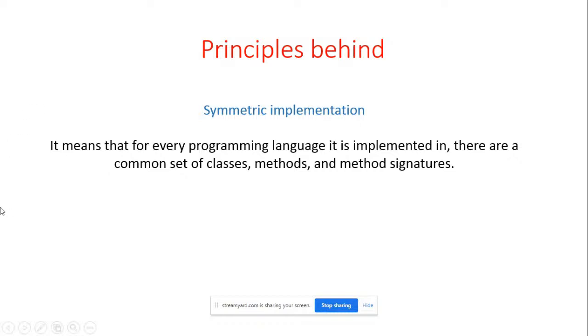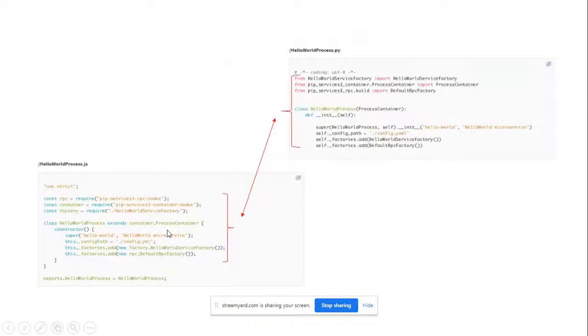The symmetry can be seen pretty easily when we see 2 different pieces of code. This one here is in Python, and here we got the same version of the same code, but in JavaScript.